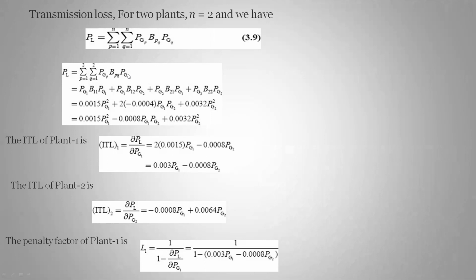So the sigma values are taken from 1 to 2, 1 to 2. Take P equal to 1, Q equal to 1 first. Next, P equal to 1, Q equal to 2. Next, P equal to 2, Q equal to 1, then 2, 2. So it is taken simultaneously: 1,1; 1,2; 2,1; 2,2.